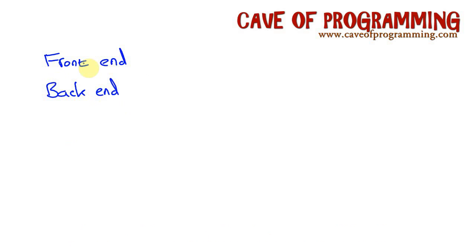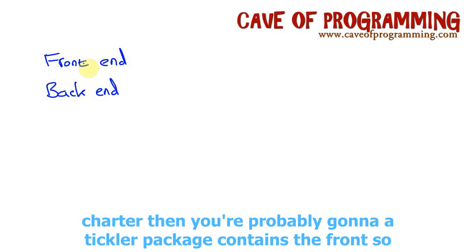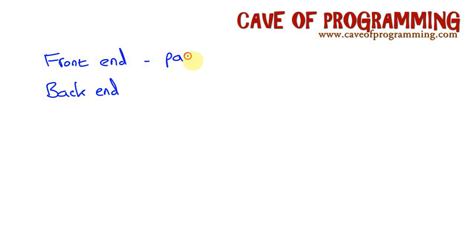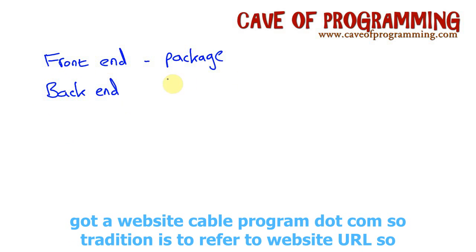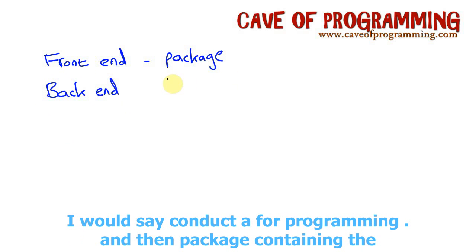Now, when you structure your code in Java, assuming you're using Java, then you're probably going to have a particular package that contains the front end. So typically you'll create your package names in such a way that they are unique. For example, I've got a website, caveofprogramming.com. So a tradition is to reverse your website URL. So I would say com.caveofprogramming.